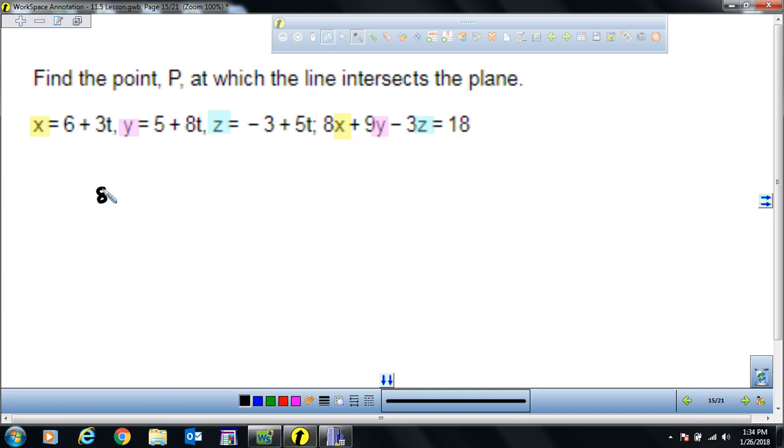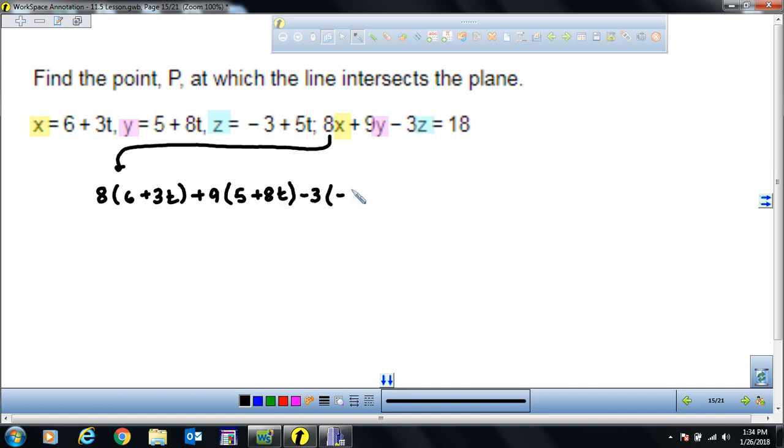So let's do that. We're going to go with this equation, which is 8 times x, and x is going to be 6 plus 3t, plus 9 times y, but y is going to be 5 plus 8t, and then minus 3 times z, but z is going to be negative 3 plus 5t, and that is equal to 18.